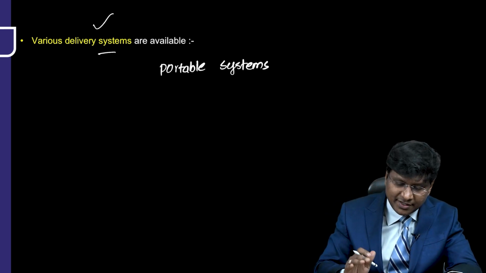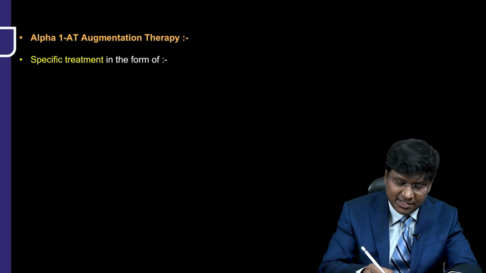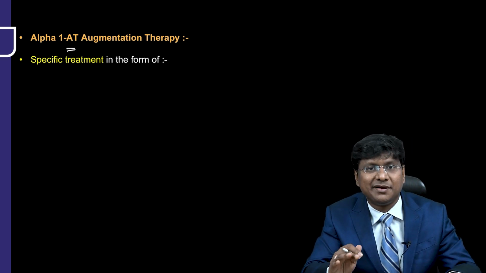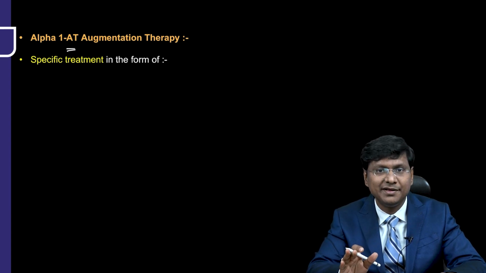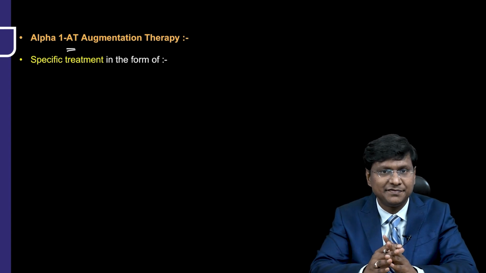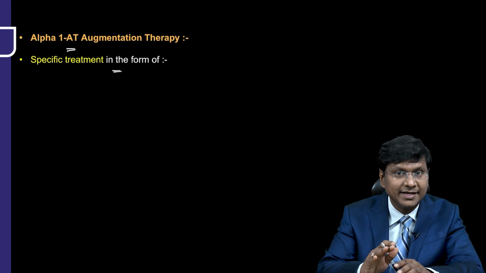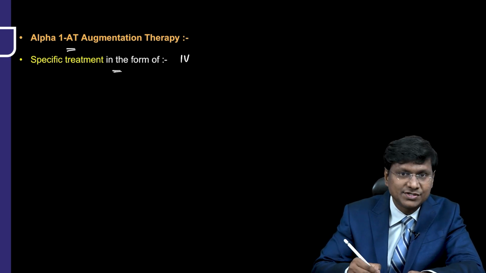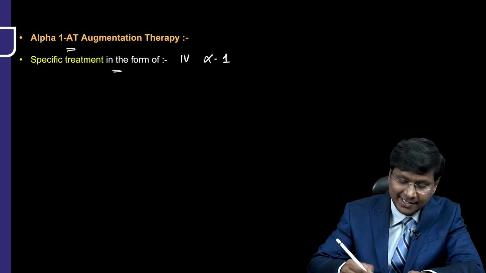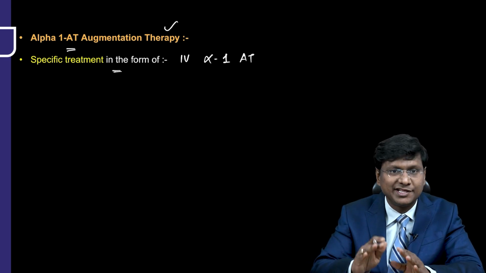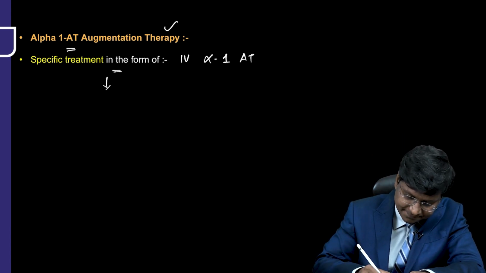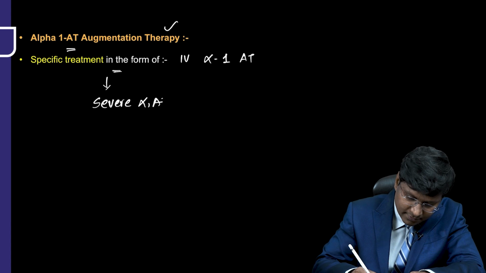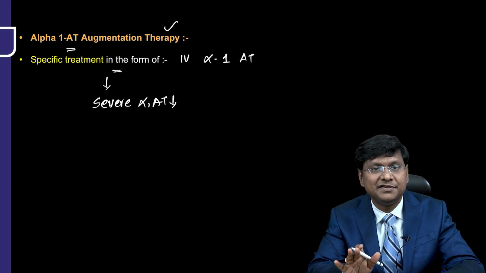The next important treatment, for the genetic disorder related to COPD, is alpha-1 antitrypsin augmentation therapy. Let me discuss this mainly in individuals with alpha-1 antitrypsin deficiency. Specific treatment in the form of intravenous alpha-1 antitrypsin augmentation therapy is available for individuals with severe alpha-1 antitrypsin deficiency.